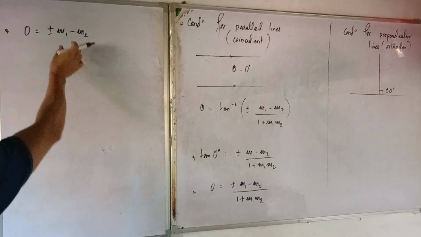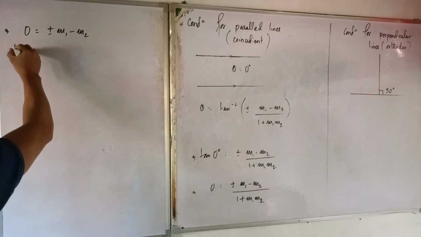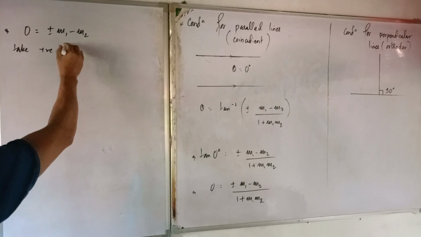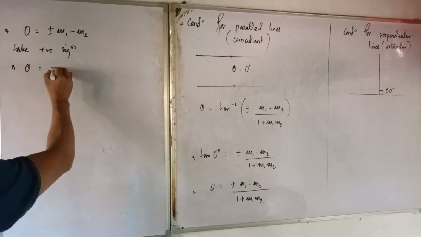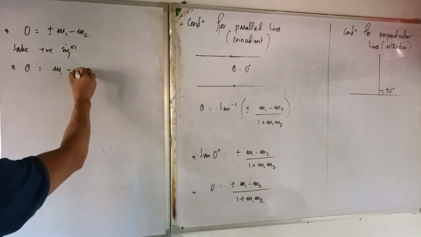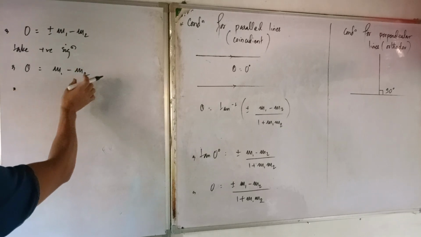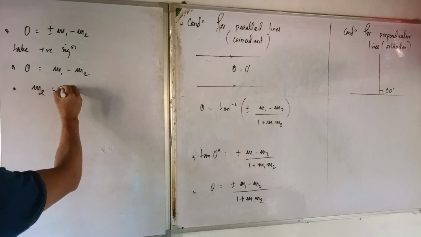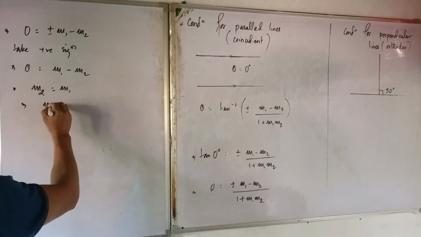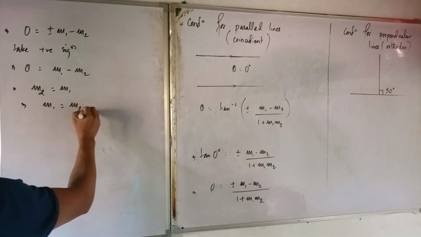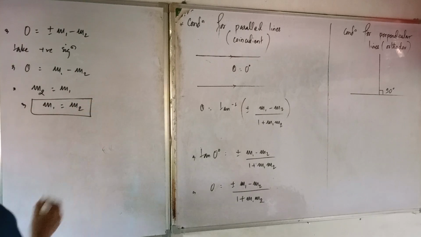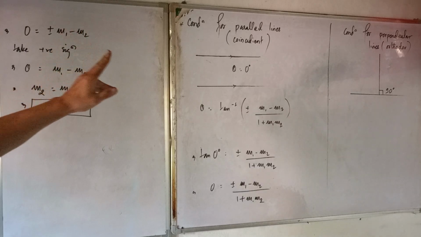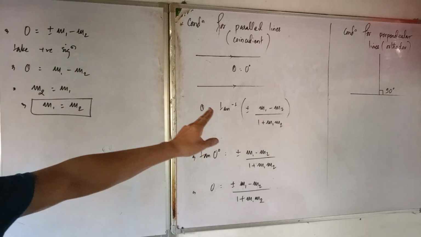Taking the positive sign, 0 equals m1 minus m2, or moving m2 to the other side, m2 equals m1, or m1 equals m2. So m1 equals m2 is the condition for parallel lines or coincident lines.